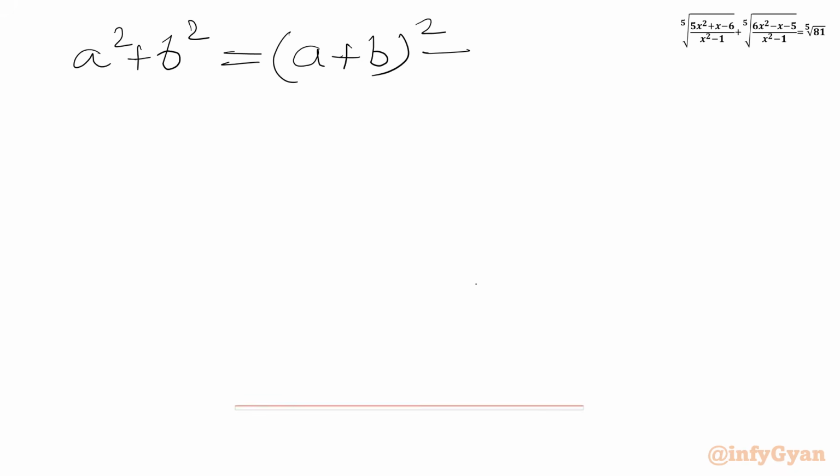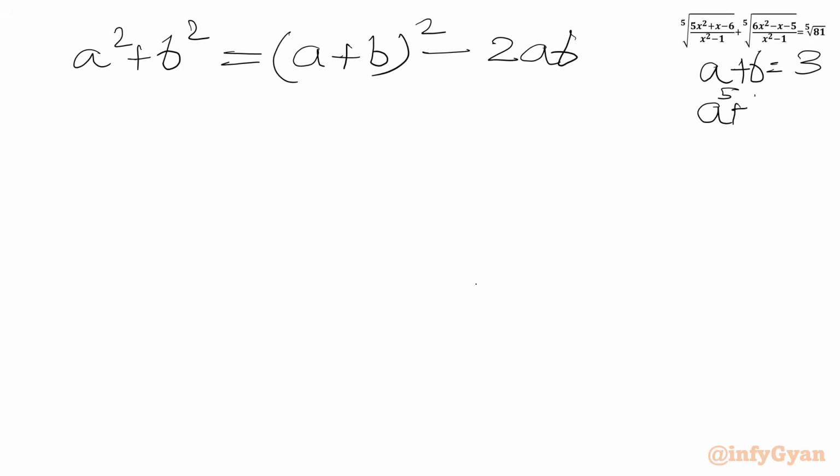So I will write here a square plus b square, which will be equal to a plus b whole square minus 2ab. Let me write here the known equations: a plus b equal to 3, a power 5 plus b power 5 equal to 33, and our substitution is ab equal to m.